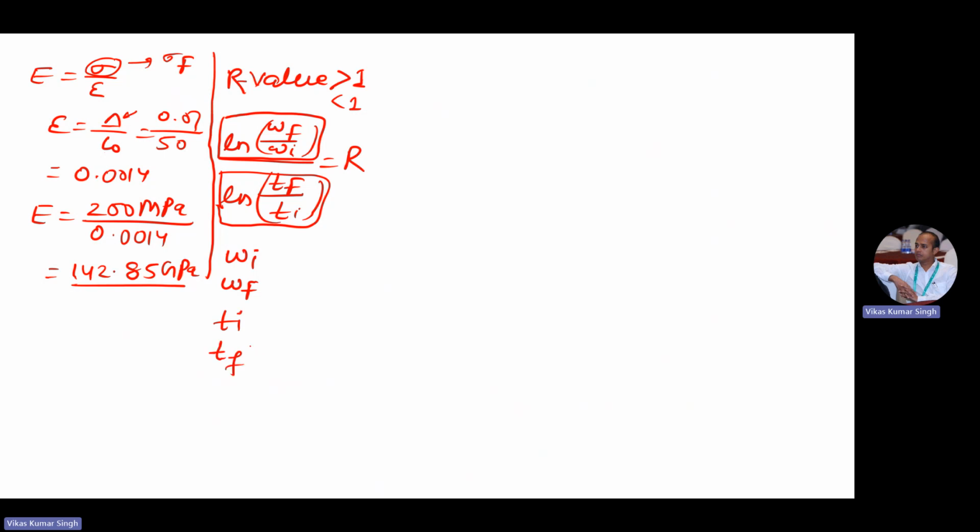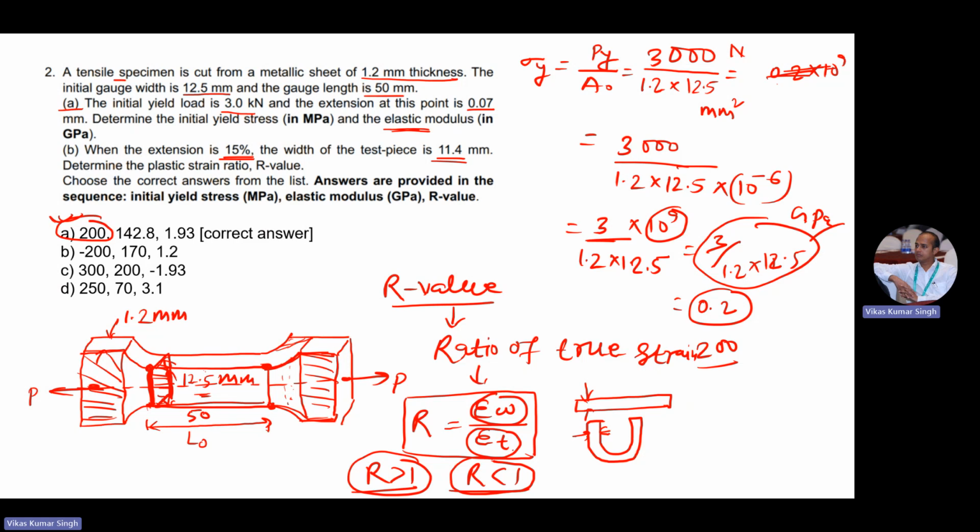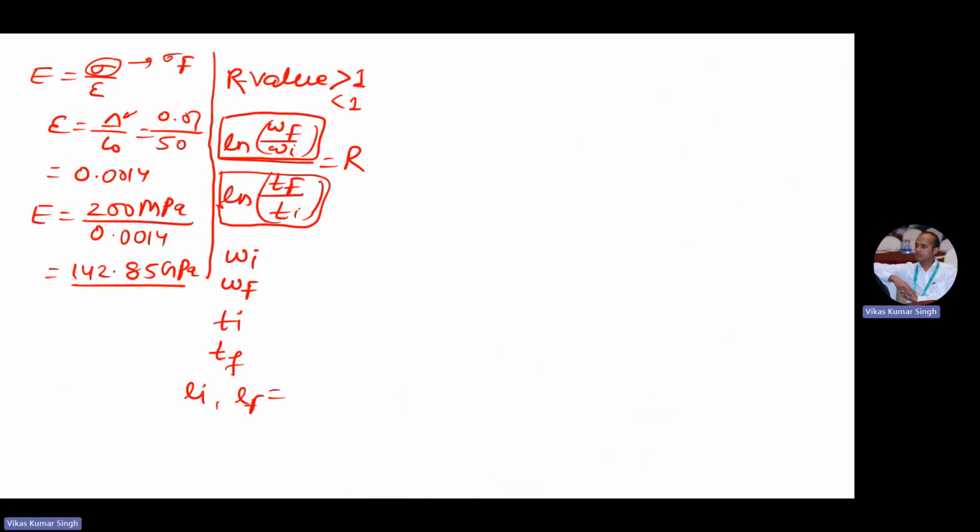L initial is given. L final is also given in terms of extension: 15% of the extension. It means L final equals 1.15 of L naught.